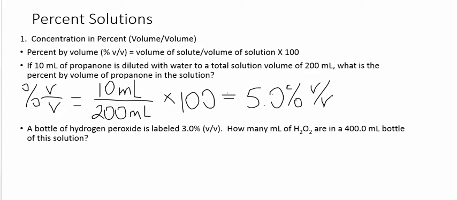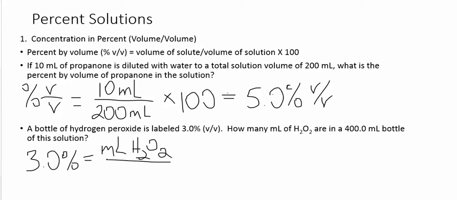Second example, a bottle is labeled 3% volume to volume. How many mL of H2O2, which is the solute, are in 400 mL? So we set up the equation like this. 3%, that's what we know, is equal to the mL of H2O2, that's my solute, so that goes on top, divided by the total volume, which is 400, times 100.